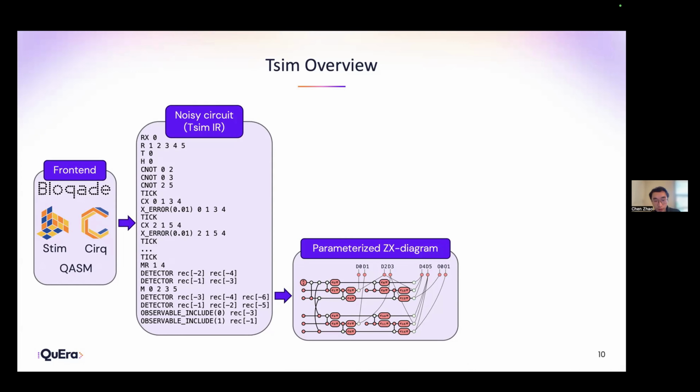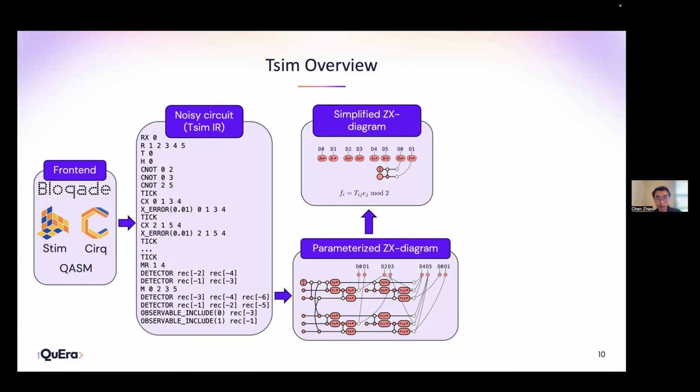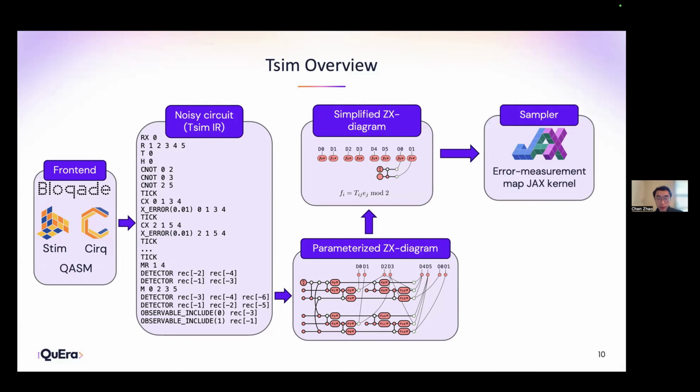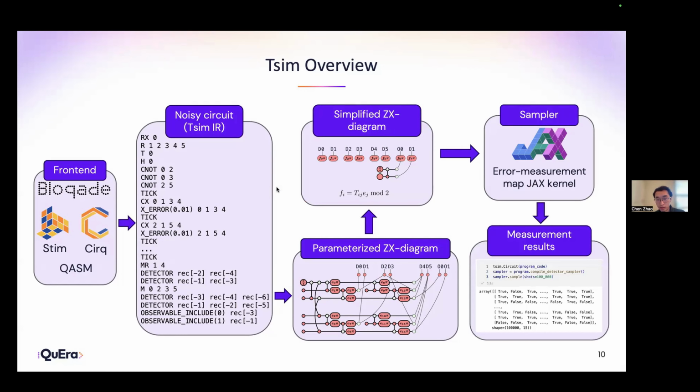Then after simplifying the diagram, we get a much more compact representation of the circuit we want to simulate. And then for each component, we compile it into a JAX kernel, which represents the sampler as demonstrated by Rafael. Then from the sampler, we can get tons of measurement results, up to 10^9 to 10^12 shots, very easily.